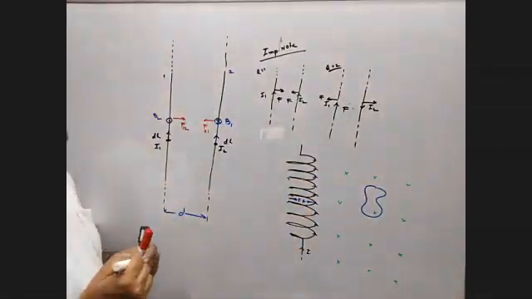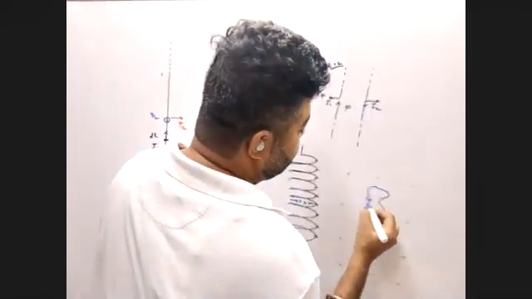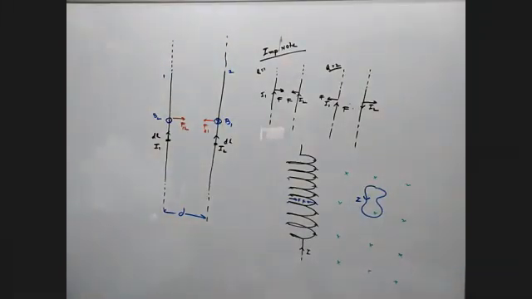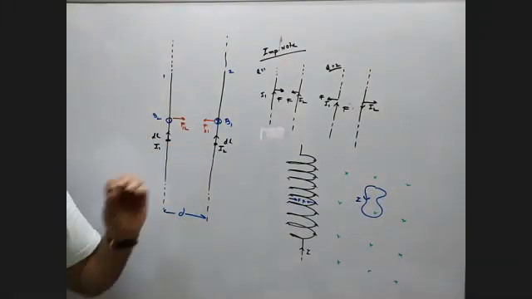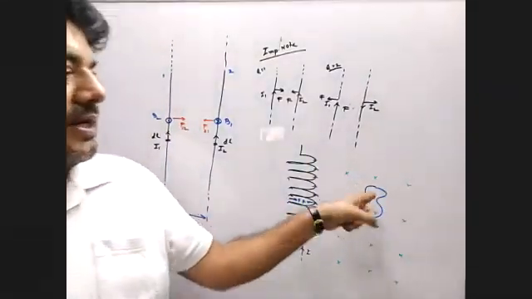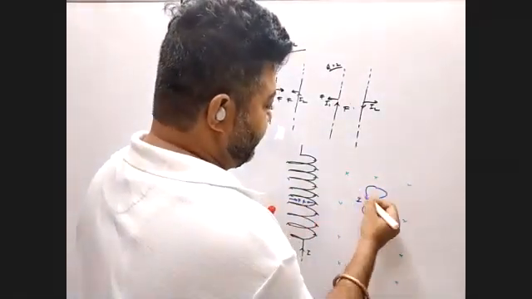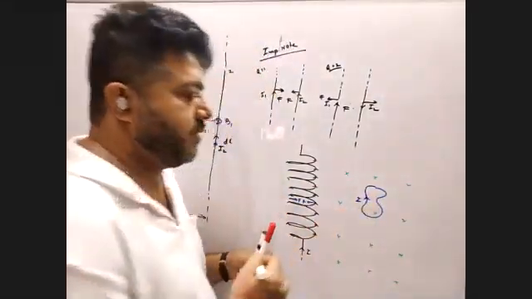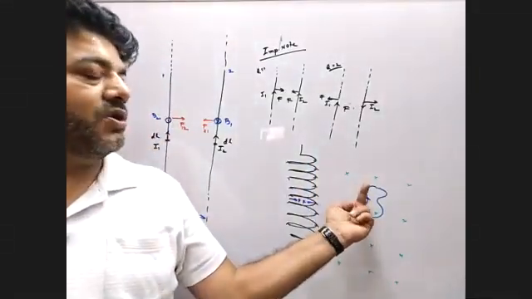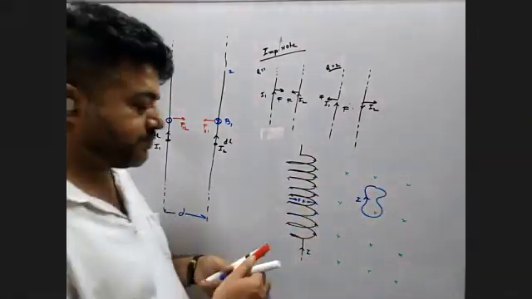They can ask what the shape of the conductor will be. See, the first finger is the current, and the force is outward.